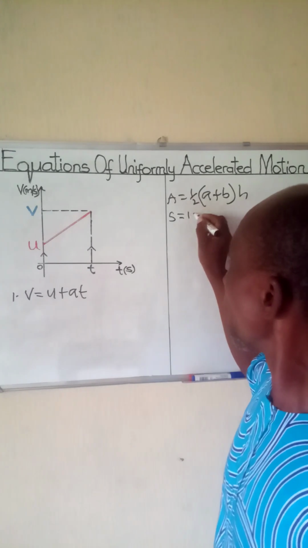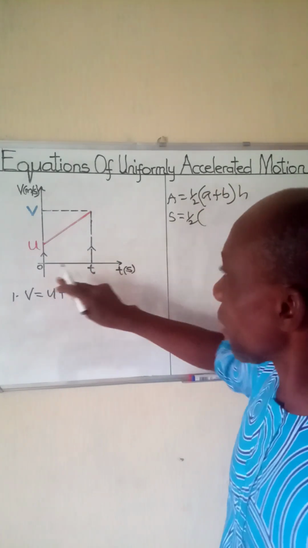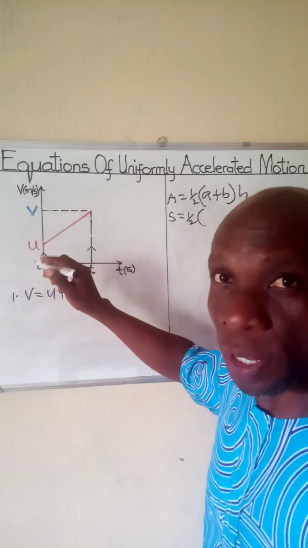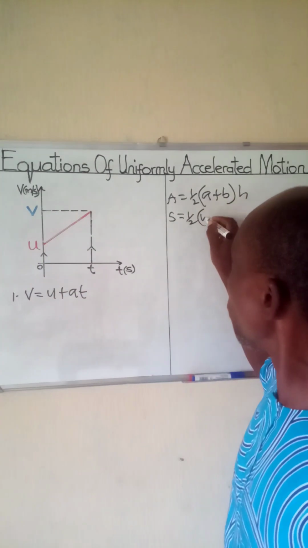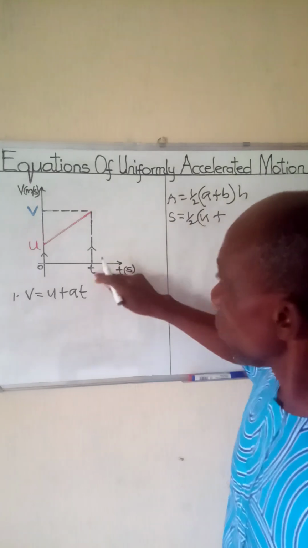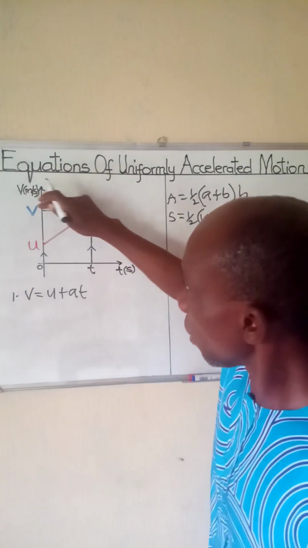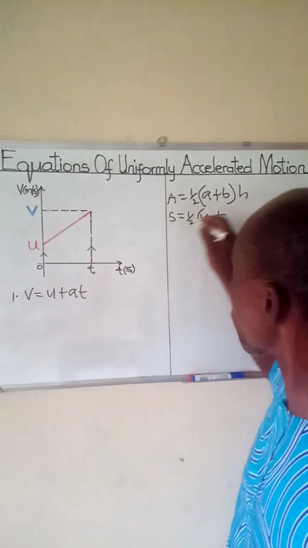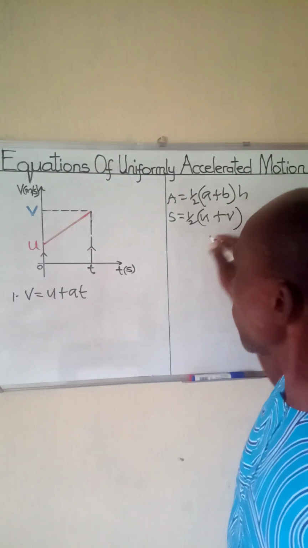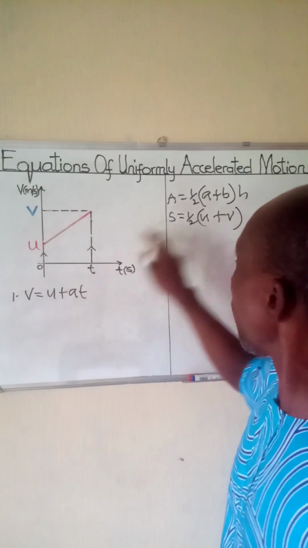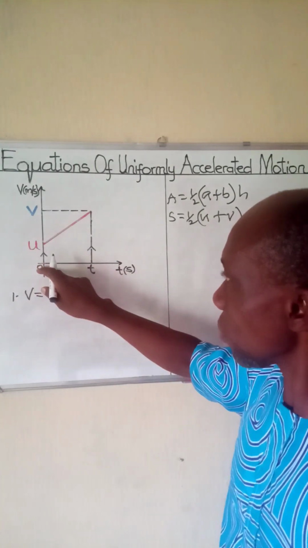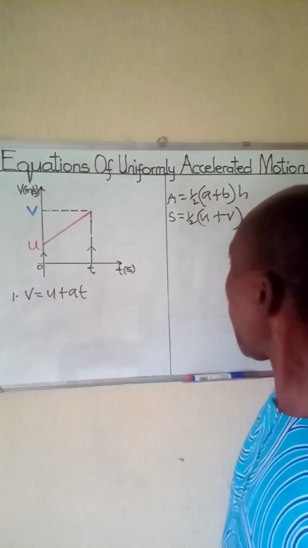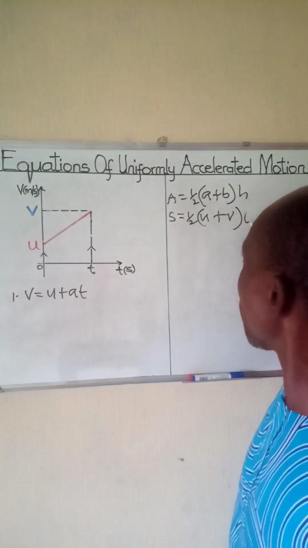Here, our a, from 0 to u, u minus 0 will still give you u, plus b from 0 to v along the vertical axis, v minus 0 will still give us v. Then our height will be from 0 to t along the time axis, so that will still be t.